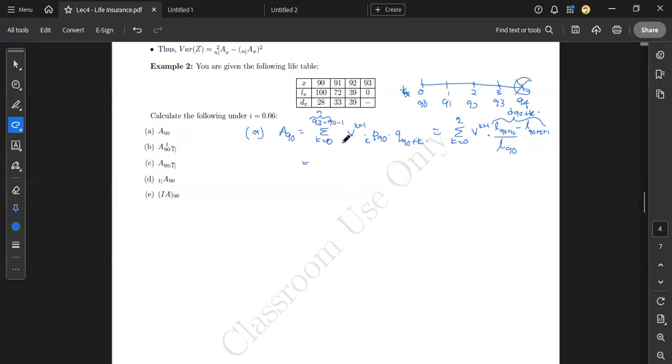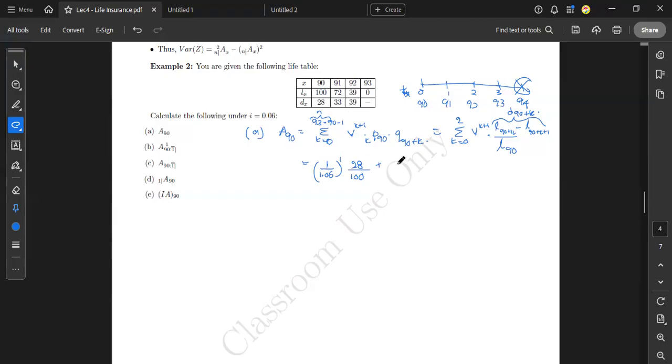And the discount factor, since i is 0.06, is 1 over 1.06. For k equals 0, it's 1, and the probability is D90 over L90, where L90 is 100 and D90 is 28.